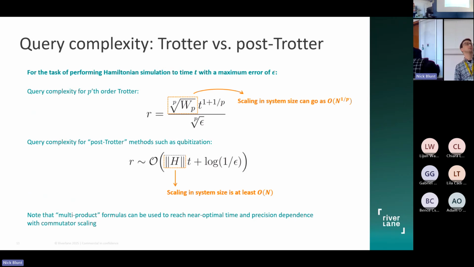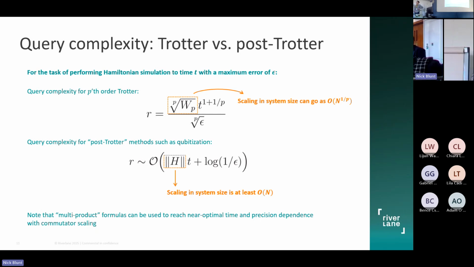Whereas for qubitization, for example, this scaling depends on the one norm of the Hamiltonian, and so this will be at least order n. And so this is the opposite of the situation that I was showing on the first slide, where I said qubitization scales much better, and that is usually the case for electronic structure Hamiltonians. But for these model Hamiltonians, Trotter methods can do better. This is something that I hadn't realized when I started this, so this is quite nice.